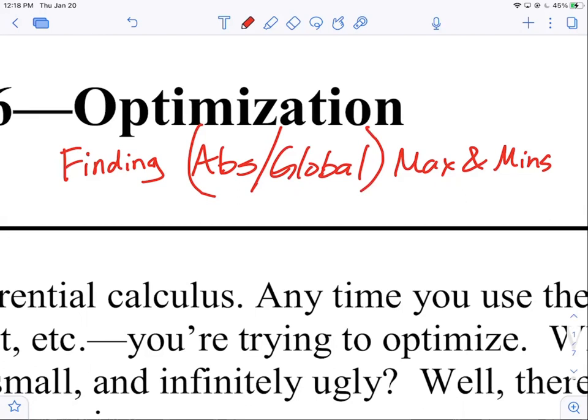Now, some of the times we're going to have endpoints, and it's up to us to define the endpoints, because optimization is where math and English collide. These are word problems, and so we're applying it to real life phenomena. When you apply a mathematical model to a real life situation, you have to come up with a relevant domain. Not all the values that work for the math equation are going to be relevant in the real world, right?